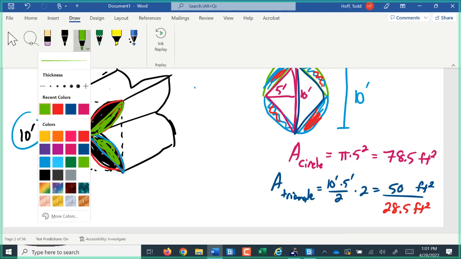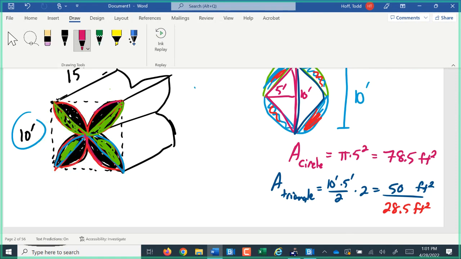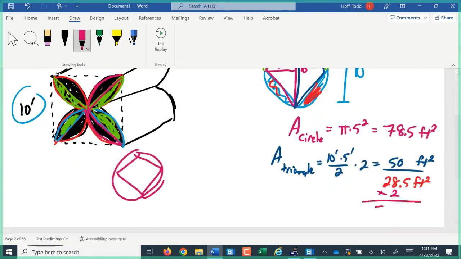I would just cut here and put them side by side like that. It'd be the same shape, right? So I'm just going to multiply that times 2. 57 square feet. That's the area of my base. That's the area of that flower or fan looking thing.